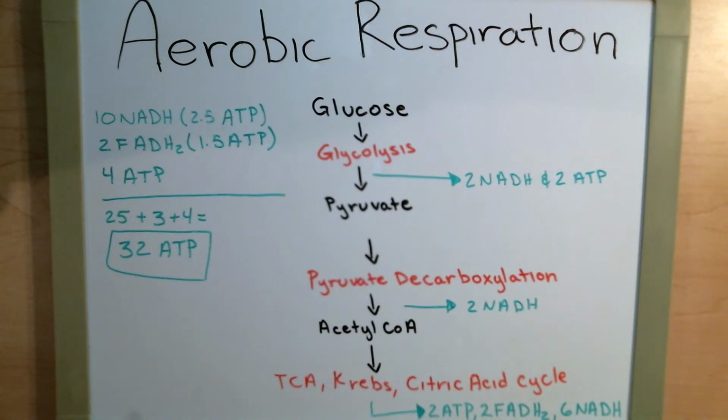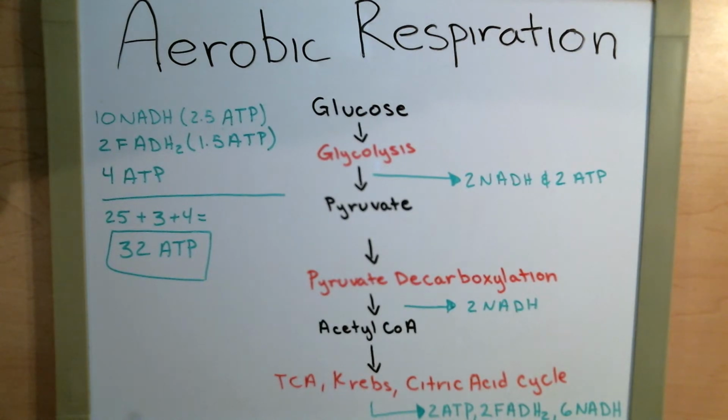Now on your guys' test, Dr. Bazan will say something like, how many ATPs do we get from aerobic respiration? He'll throw out numbers like 32, 27, 6, and 5. It's going to be the number that's in the 30s. He may or may not choose 32. He might say 36, 34.